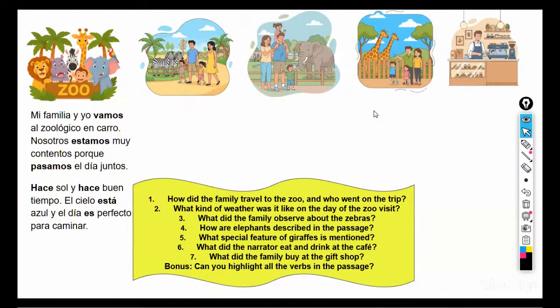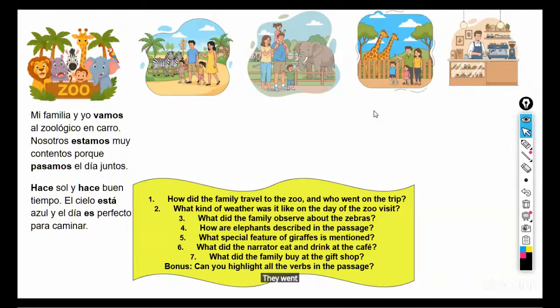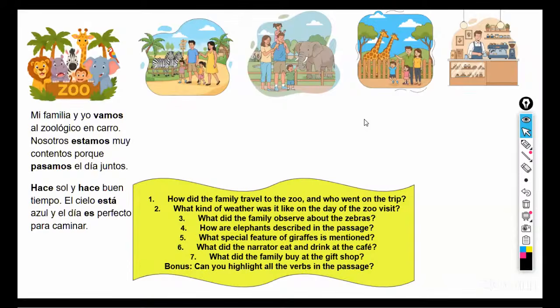Once I get the answer from a few people, I'm going to turn off the chat, so the chat doesn't get overwhelming. They went by car. Good. In carro, what other ways do you know to say car? You know coche, C-O-C-H-E, which I think is more used in Spain than Latin America, but that's okay.